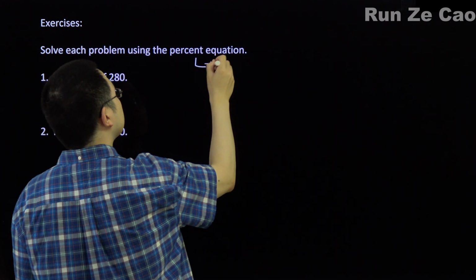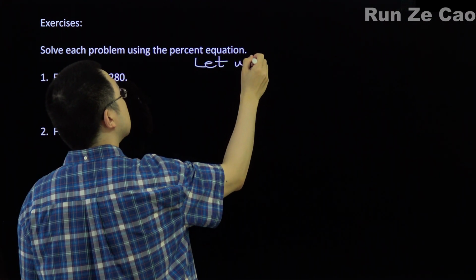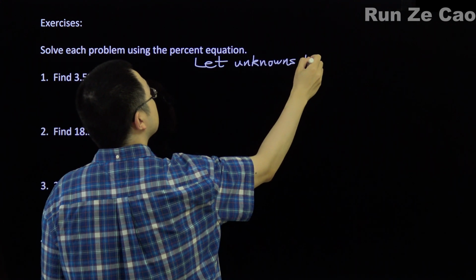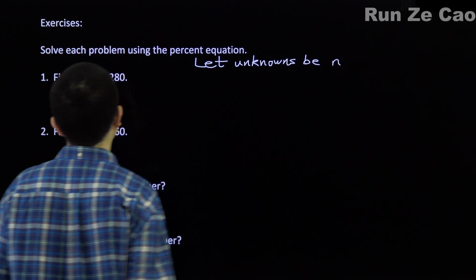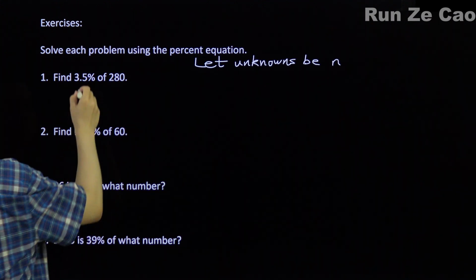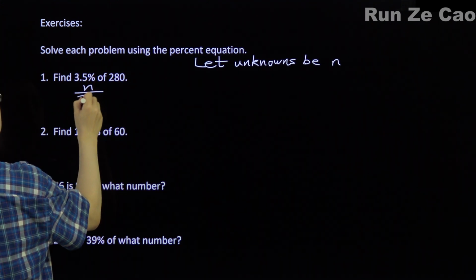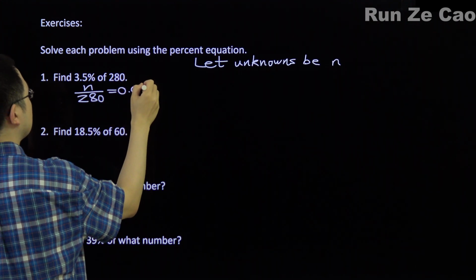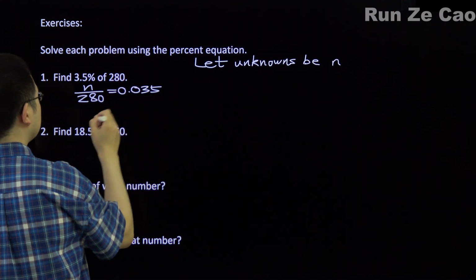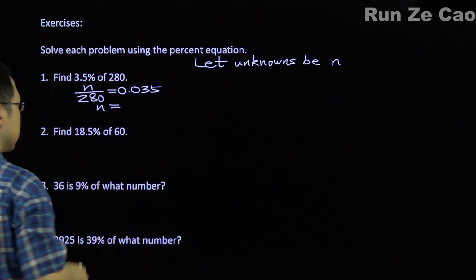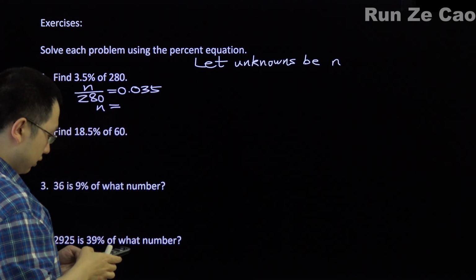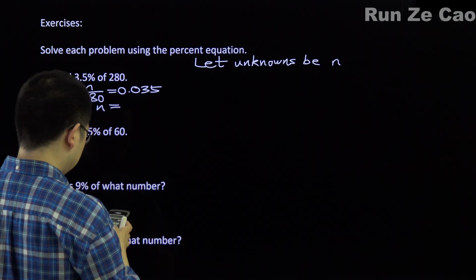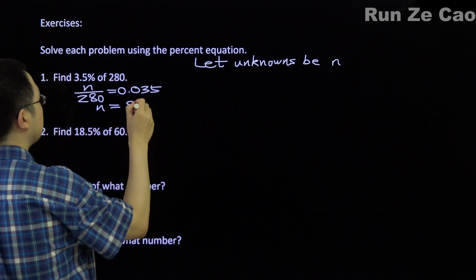That means we have to use let unknowns be n. So n over 280 is equal to 0.035. N is equal to, we just multiply now, 0.035 times 280, and we get 9.8.